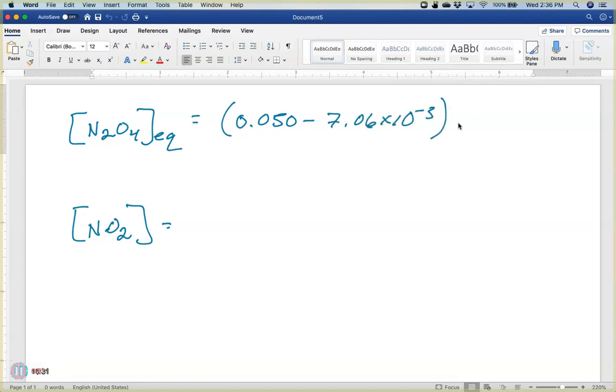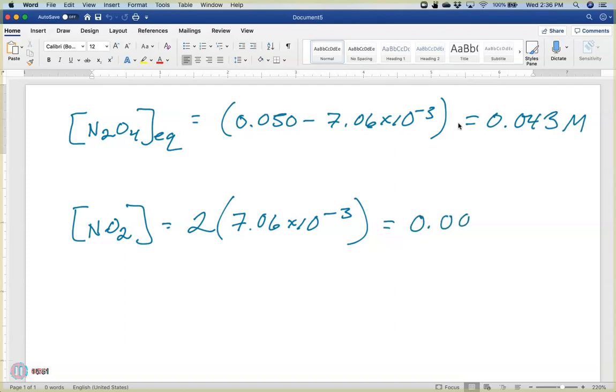Then here we know it's going to be 2 times 7.06 times 10 to the negative third. So I'm just checking my notes. Plug everything in. What we should get is 0.043 molar for the N2O4 and 0.00706 molar for NO2.